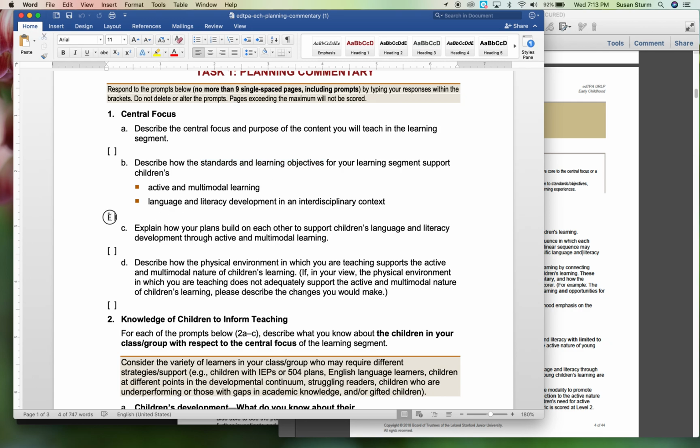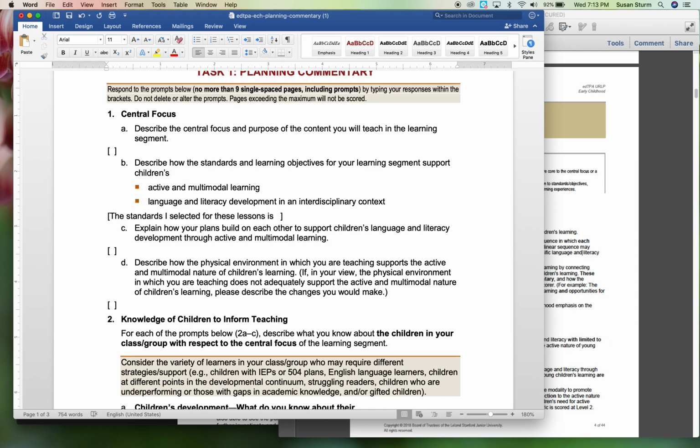So this one should start with something like, the standards I selected for these lessons is, and then clearly state the standards. And you should be talking interdisciplinarily here.